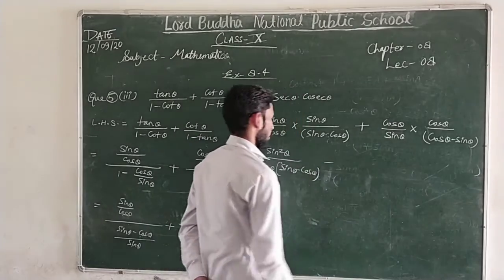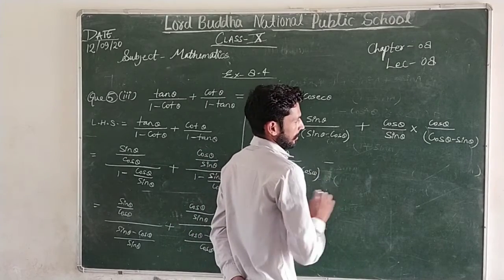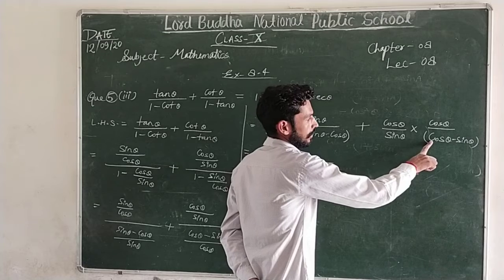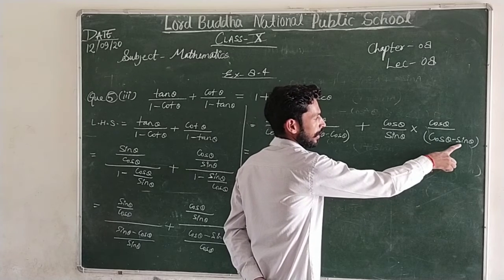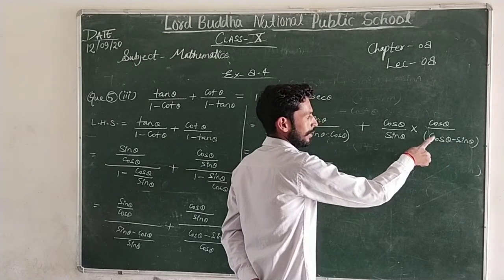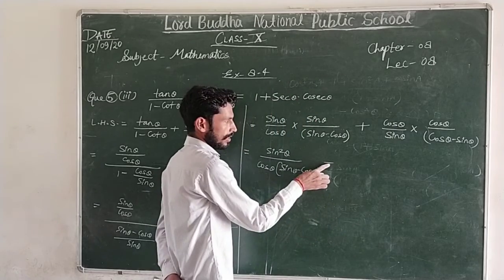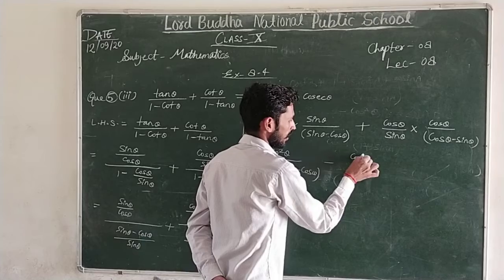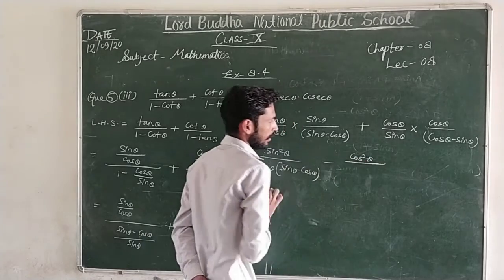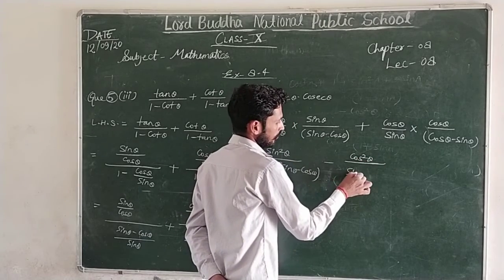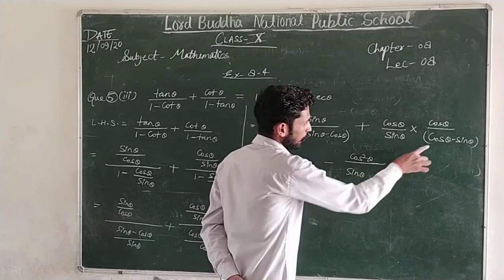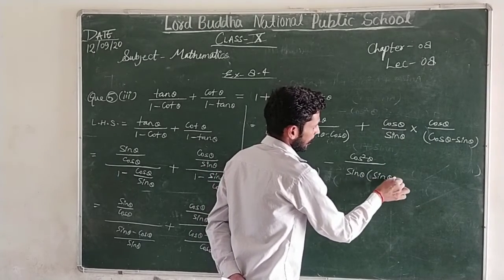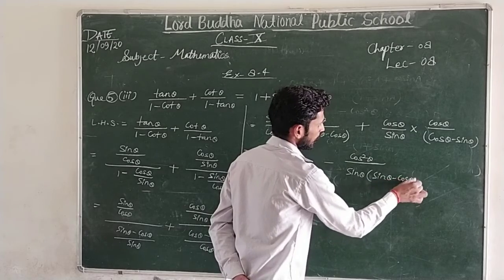If we take a common, like here the negative sign, then this sign will be positive and cos will become negative. So take here negative, and cos theta into cos theta, that is cos square theta whole upon sin theta into here will be sin theta and minus cos theta.